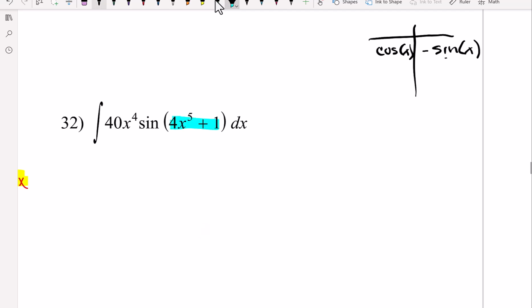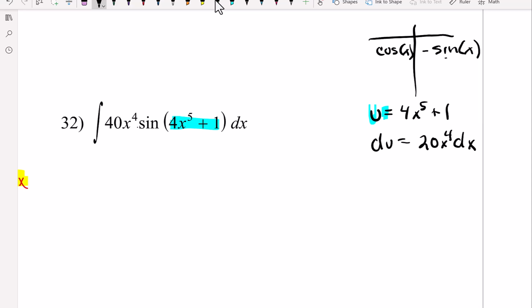Here's our u. So our u is 4x to the fifth plus 1. Our du is 20x to the fourth dx, but it should say 40, and this should say a negative 1.